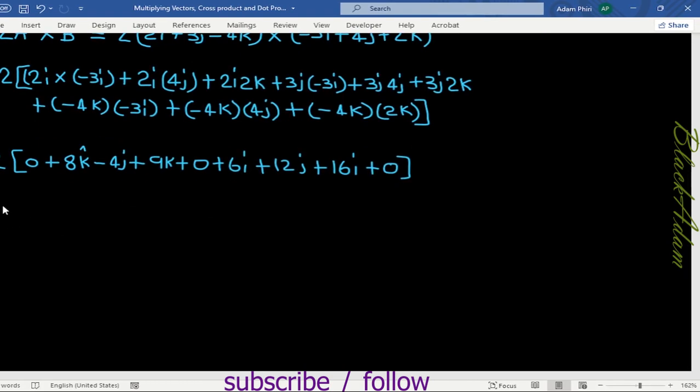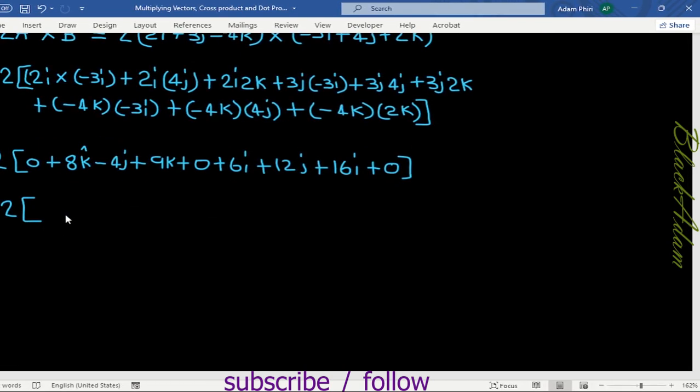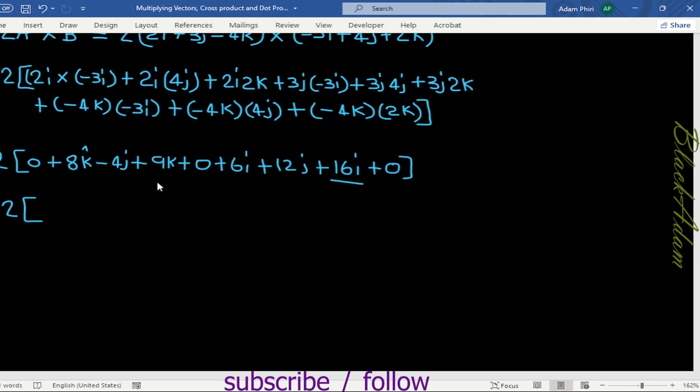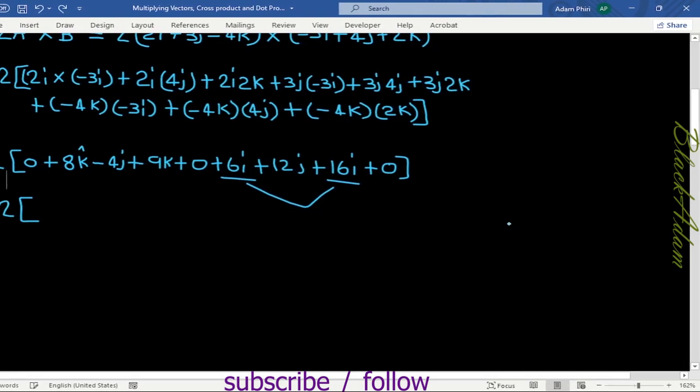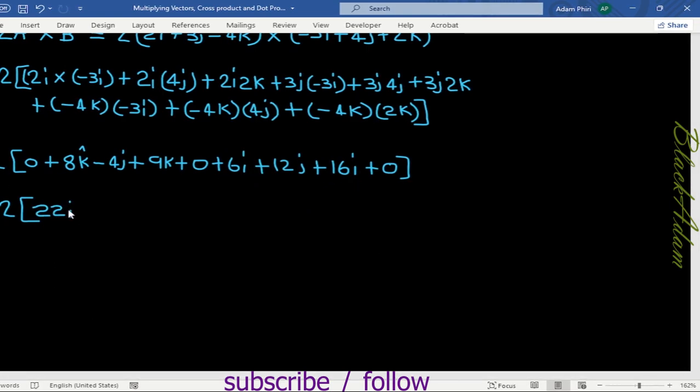So we're done with everything. The next thing that we have to do is add like terms. So for i, that's 16 plus 6, that's 22i.